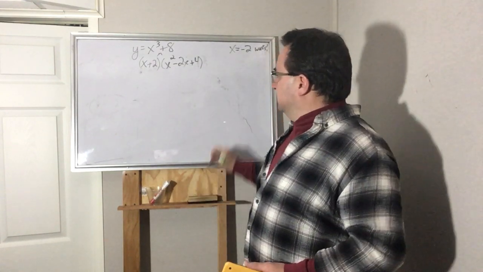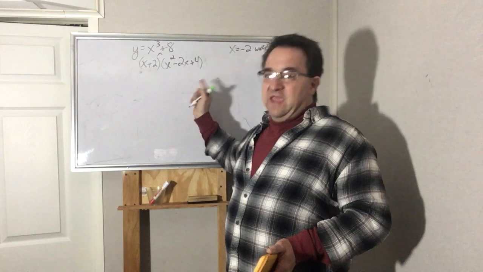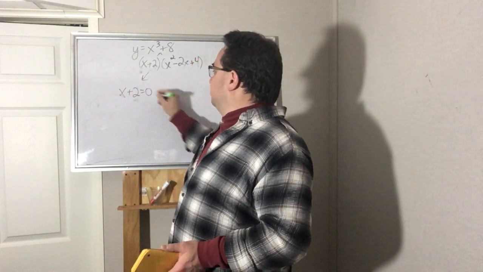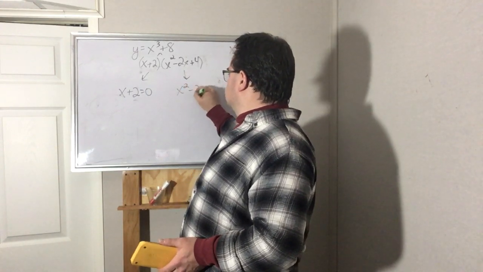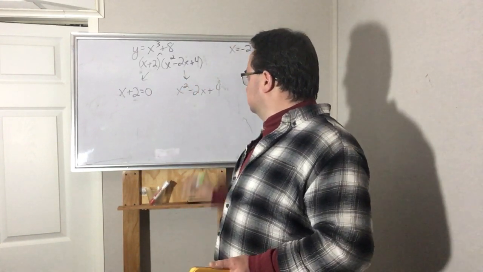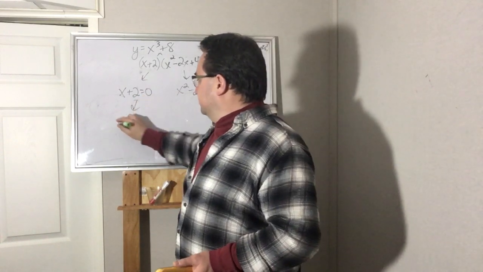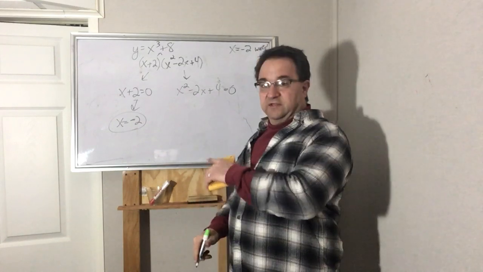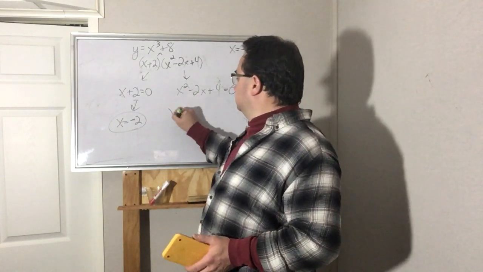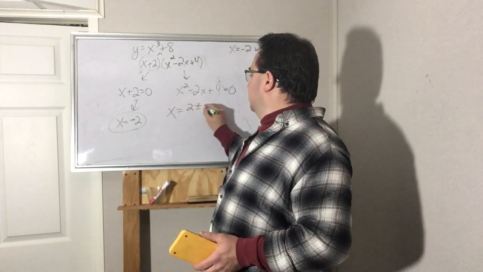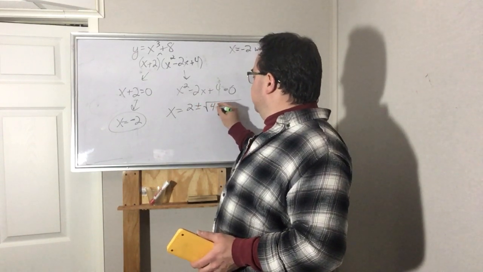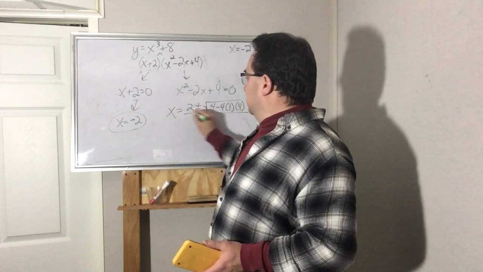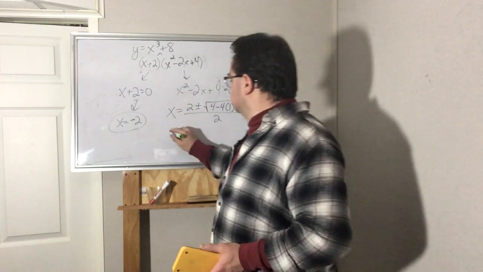Now we've got to find the zeros. I think about it, can't factor that. So I'm going to set these equal to 0. Step 3, find the zeros. This one's easy. This is the one I knew from the beginning. This one I've got to use the quadratic formula again. Negative b plus or minus the square root b squared minus 4ac all divided by 2a.